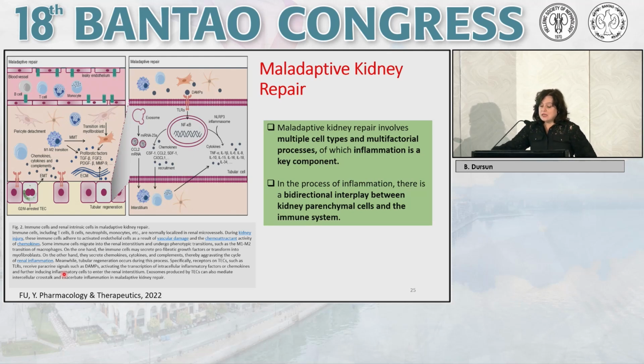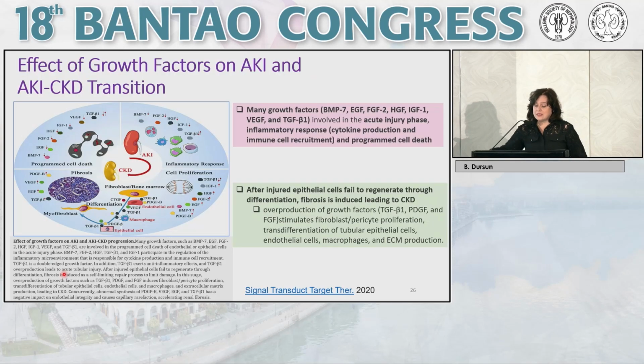And at the tubular cell level, there are released exosomes and also toll-like receptor-mediated activation of NF-kappa B and transcription of profibrotic cytokines through activation of the NLRP3 inflammasome. These all cause exacerbated inflammation and emphasize the role of bidirectional interplay between kidney parenchymal cells and the immune system in the formation of fibrocystic processes.